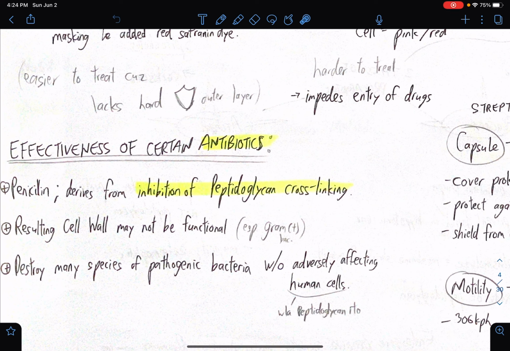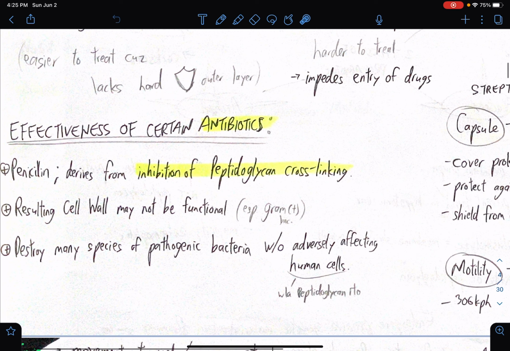One famous antibiotic is penicillin. This was most especially used during World War II, just for historical background. It works through the inhibition of peptidoglycan cross-linking. Thirdly, it destroys many species of pathogenic bacteria without adversely affecting human cells.